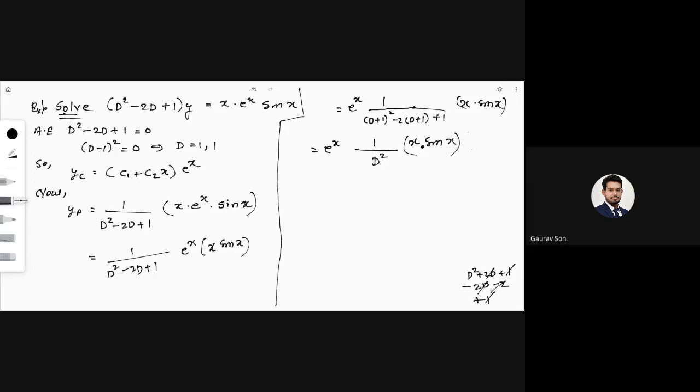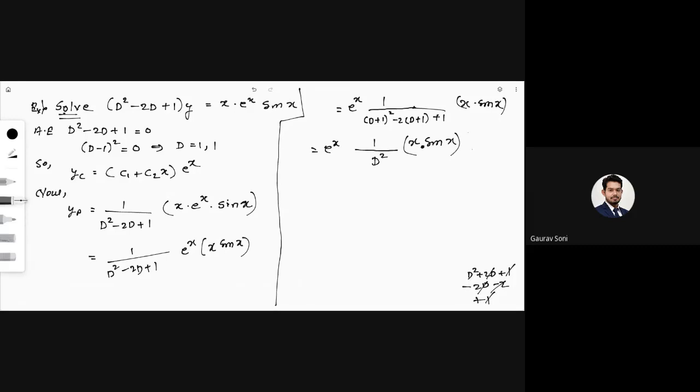But what is 1 upon d square? I am telling you the alternative for rule number 6 here. What will you do if it is 1 upon d square of x sin x? What is d? D is derivative.